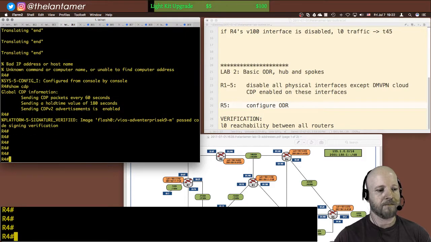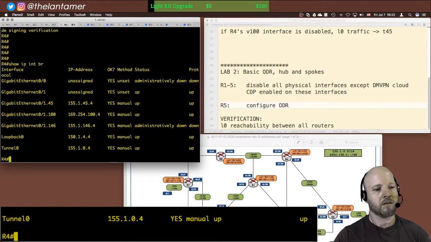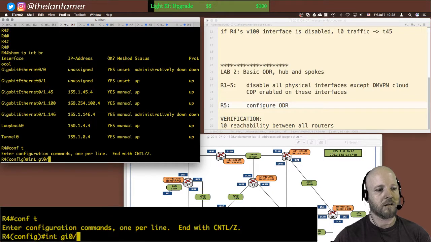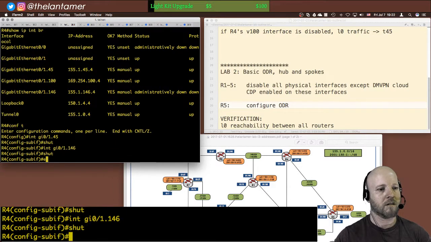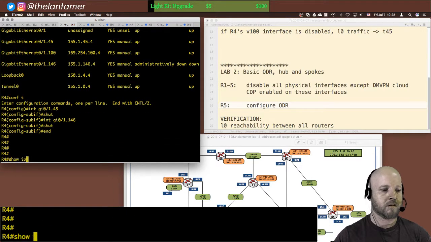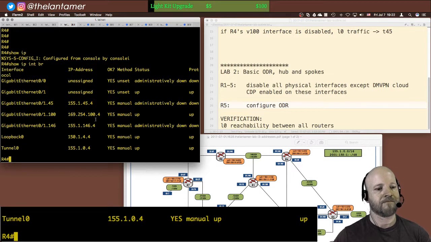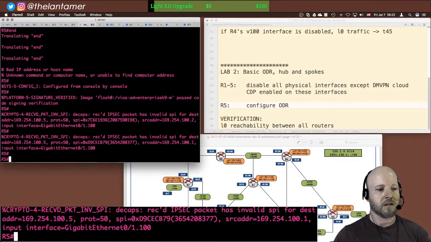Router 4. Good deal. Now router 5, same kind of pattern here.